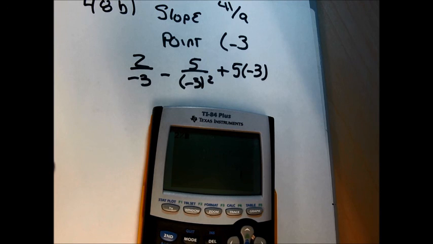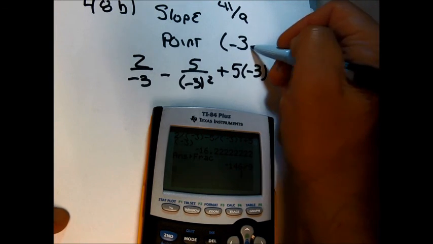So 2 divided by parentheses negative 3 minus 5 divided by parentheses negative 3 squared plus 5 parentheses negative 3, and then math, enter, enter, and that's negative 146 over 9.